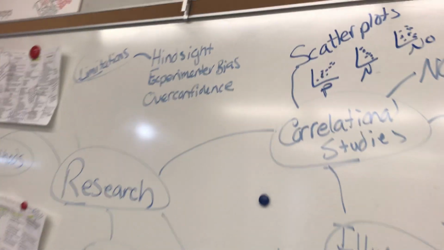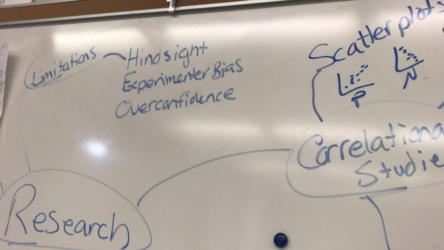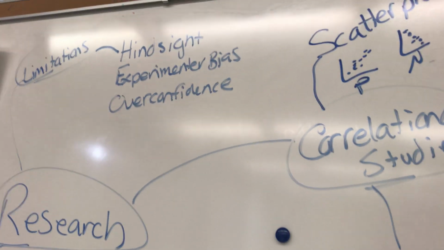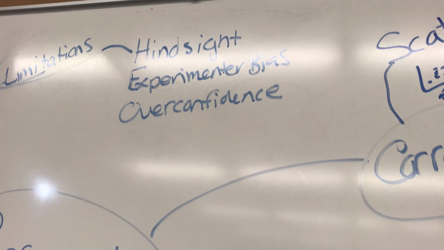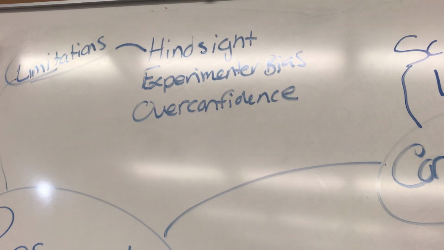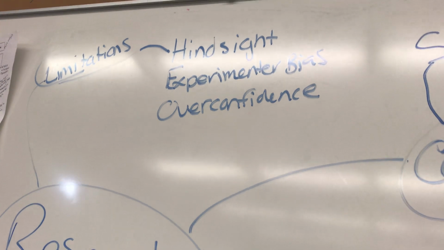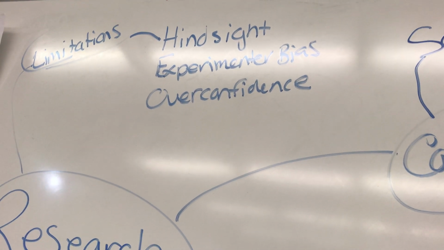Okay, so for limitations, again, we're eliminating experimenter bias, okay? Also, overconfidence can happen with a participant or with the researcher. They're overconfident that their experiment is designed effectively and they think everything's going to go the way that they have planned. Again, humans, you never know. We're all kind of off the cuff, okay?